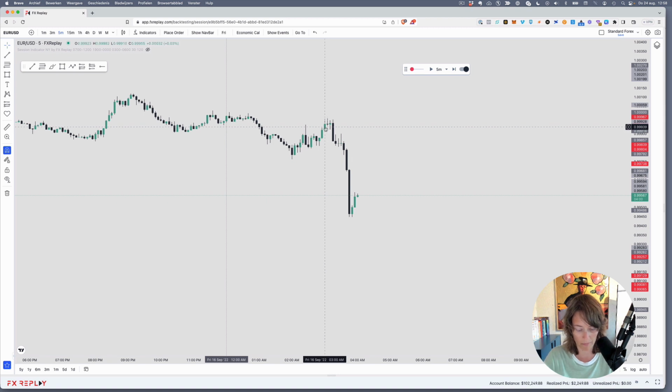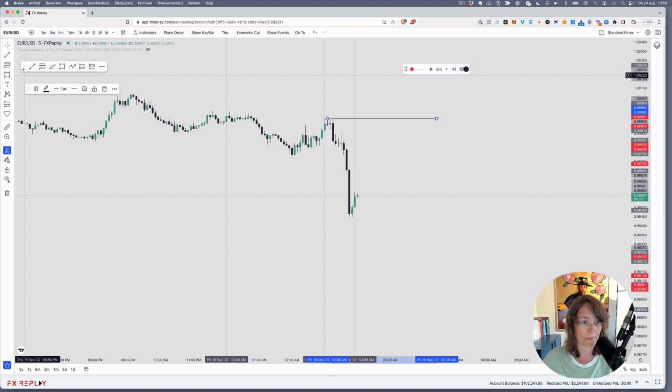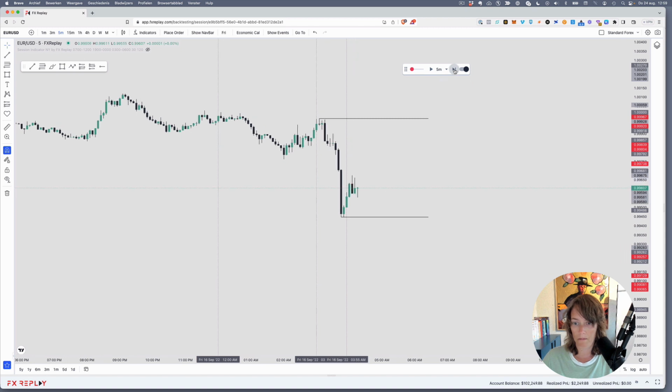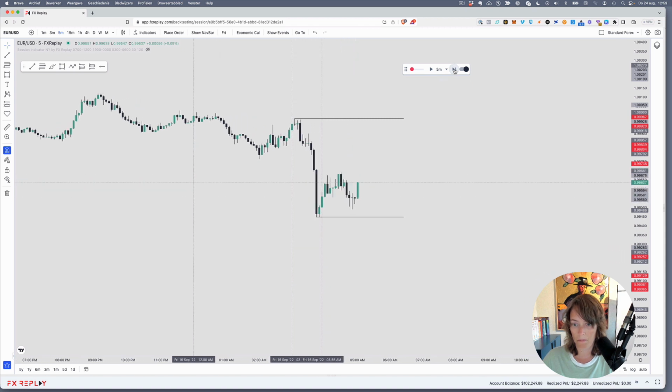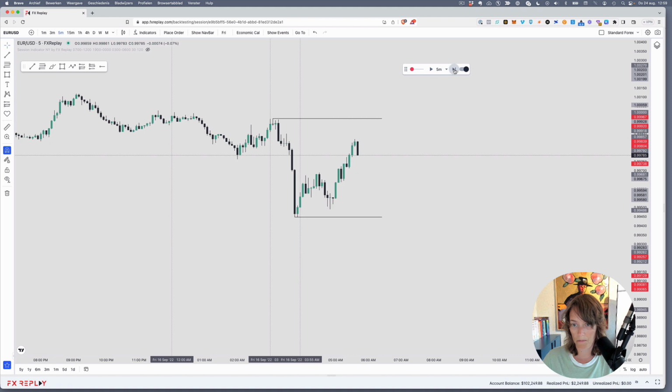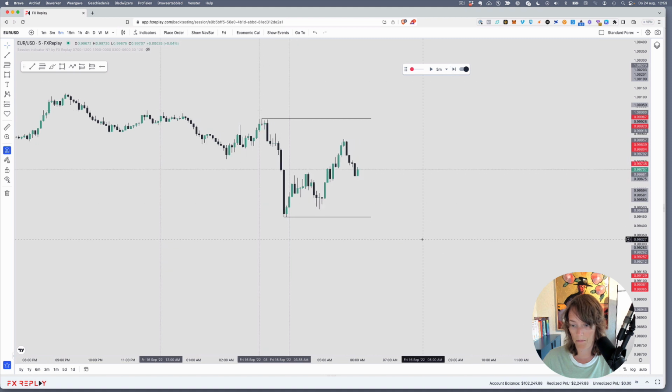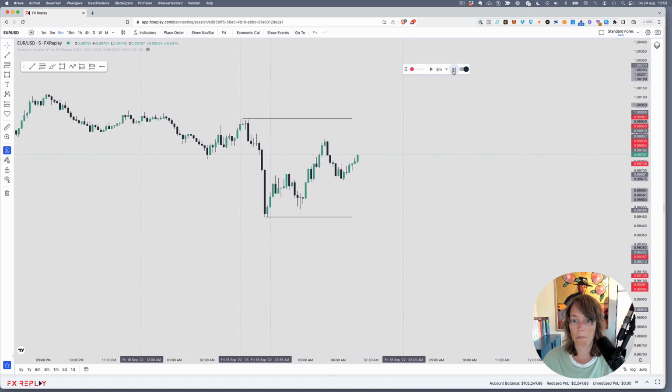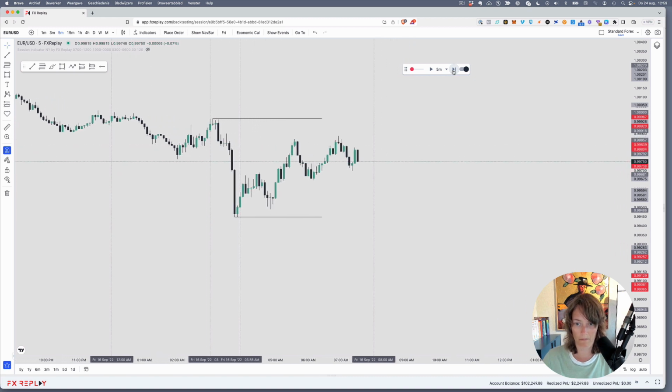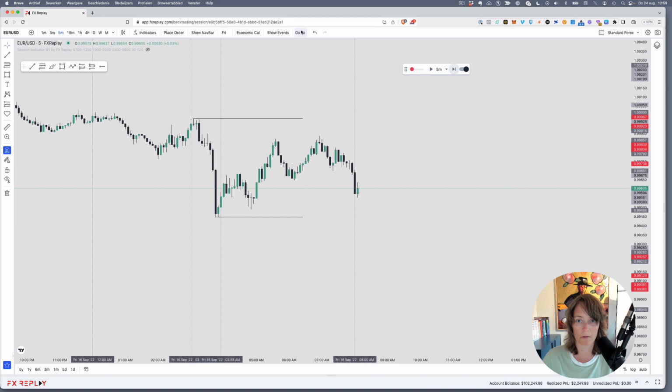And sometimes you miss a trade because of that, and sometimes you preserve your capital because of your rules. This looks like a no trade.